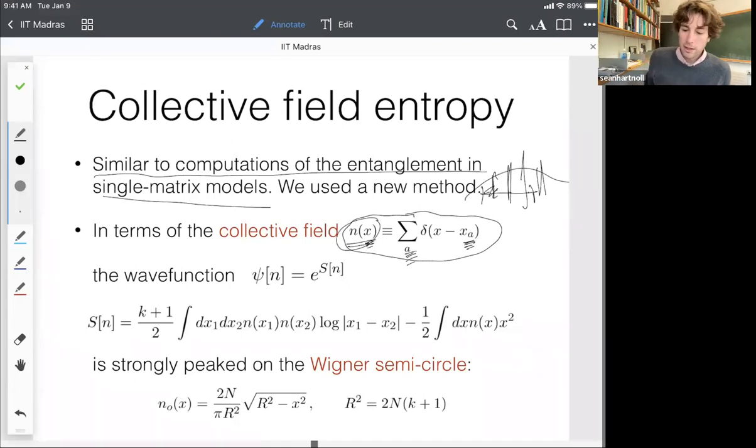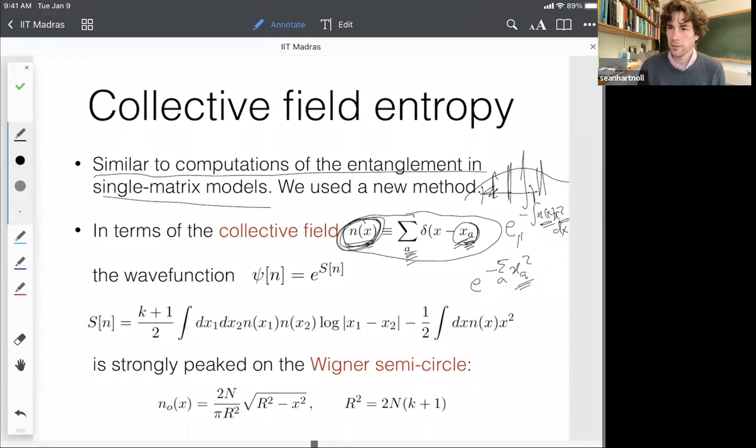I can write this wave function in terms of N of X instead of the x_a. For example, we had e to the minus sum over a of x_a squared. That was one term in the wave function. This is completely equal to e to the minus integral of N of x times x squared dx, because when I integrate over N, the delta functions just turn into this sum over a.